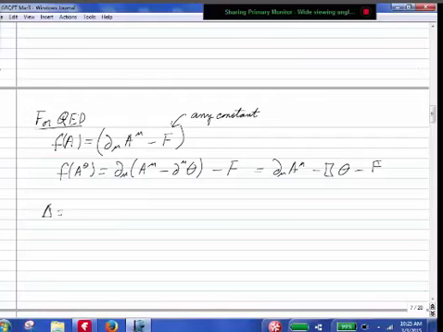Any constant works. Then the gauge transformation is f of a of theta is d mu a mu minus d mu d mu theta minus f, which is d mu a mu minus box theta minus f.